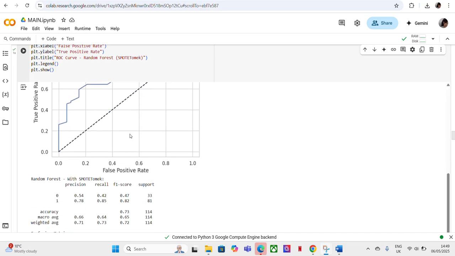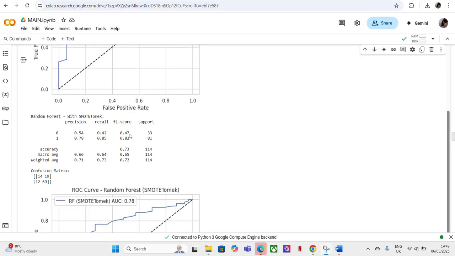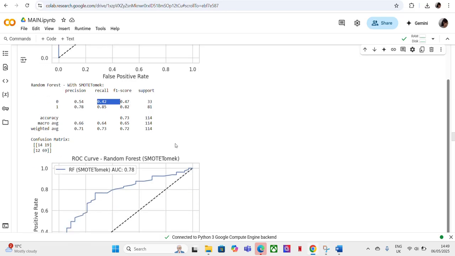After applying SMOTE, the accuracy increased to 73%, and the minority class recall is 42%. SMOTE provides some improvement, better than before applying it, but still not fully effective for class 0.